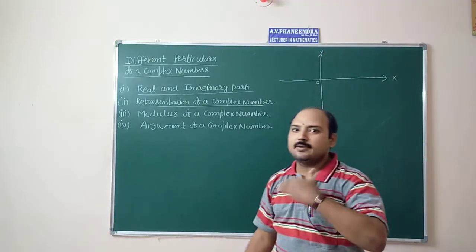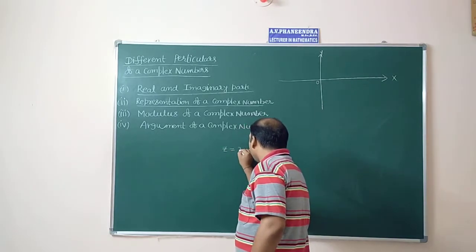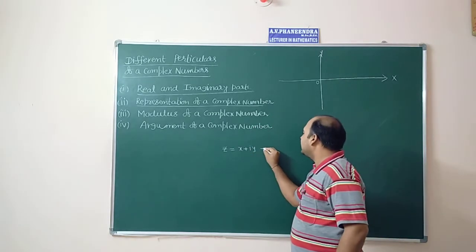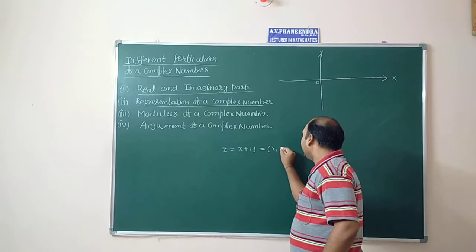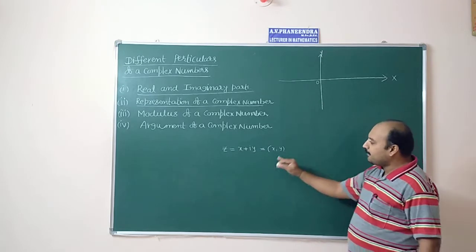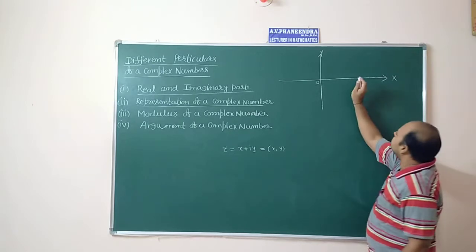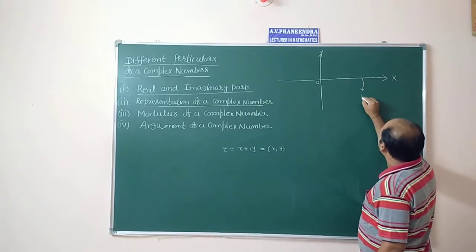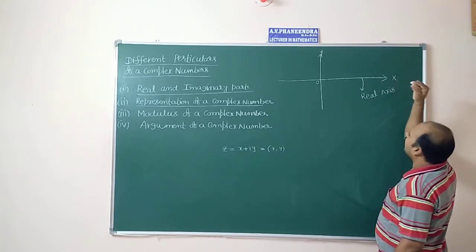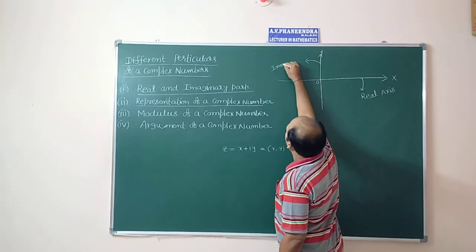Whereas in complex numbers, the complex number z is equal to x plus iy can be represented as the ordered pair x comma y. This ordered pair can be represented in complex numbers. This x-axis is called the real axis. And the y-axis is called the imaginary axis.